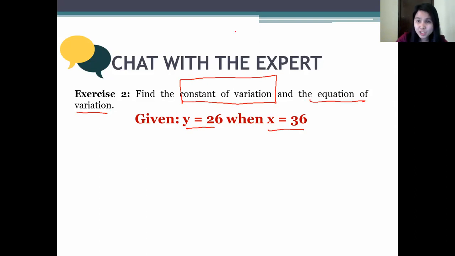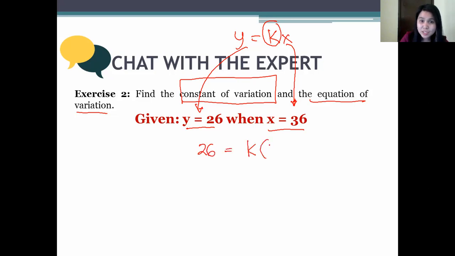We remember our general formula. That's y equals kx. The first step is we will substitute the values of y and x in order to solve for our k. So we write 26 equals k times 36.